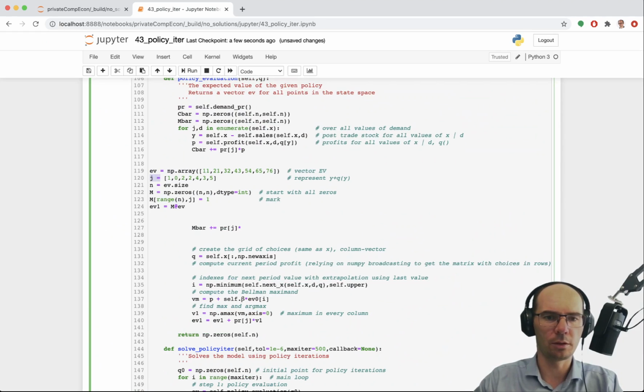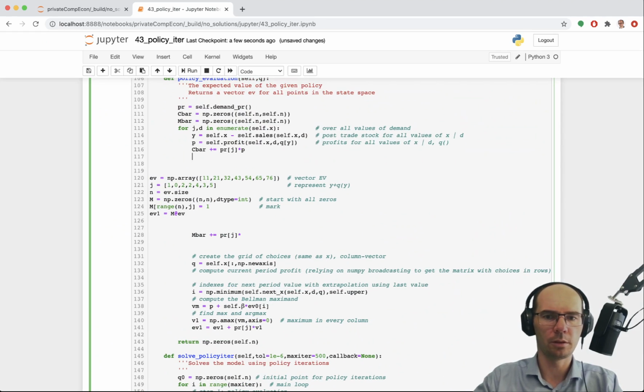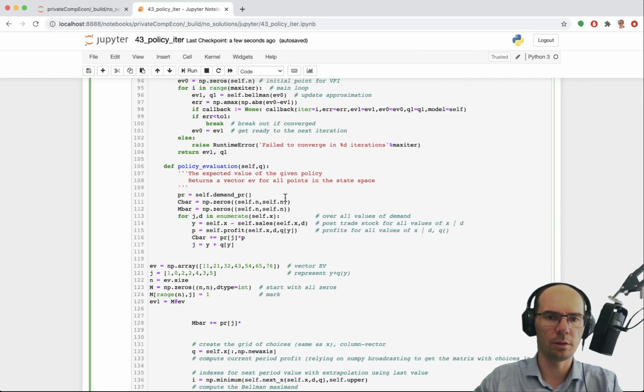J is the representation of Y. Let's actually keep it like this. This is going to be Y plus the Q of Y. And again, this can be over capital N, over the upper bound.